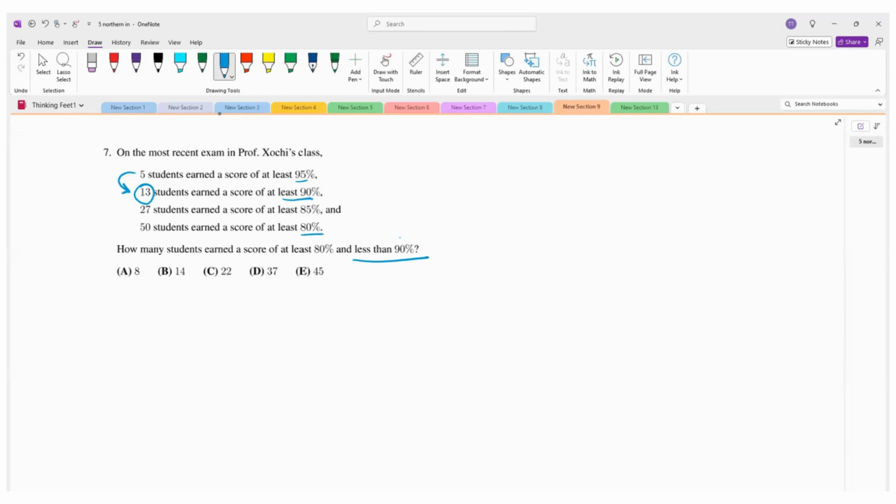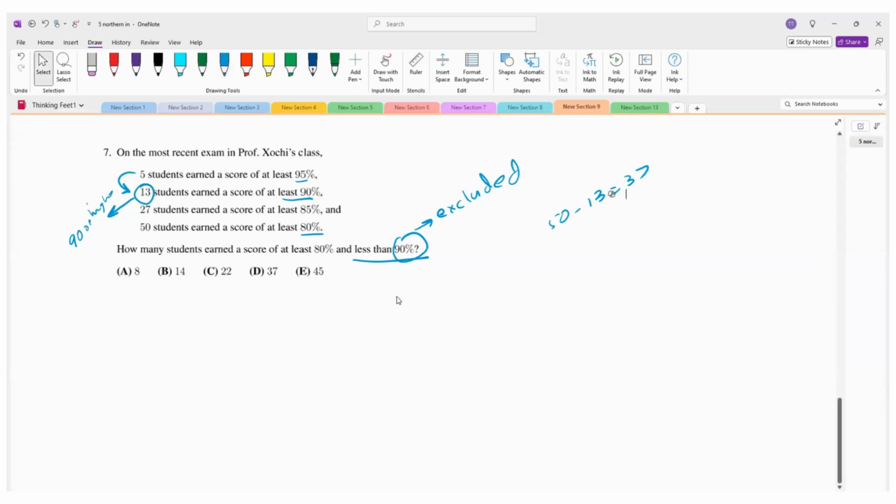That means 90 is not included, so that is excluded. Because I know that 13 of them earned at least 90, meaning 90 or higher, all I do is subtract 13 from 50 and I get 37. Fairly simple. In fact, if I wasn't talking and writing that much, this is probably a 5 to 7 second question.